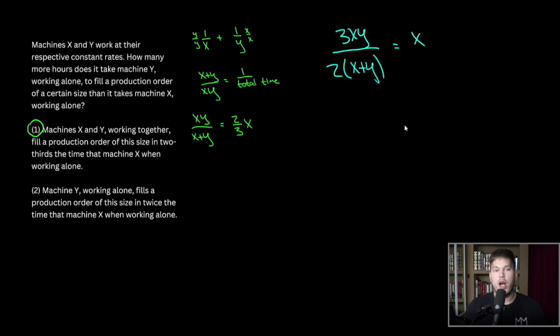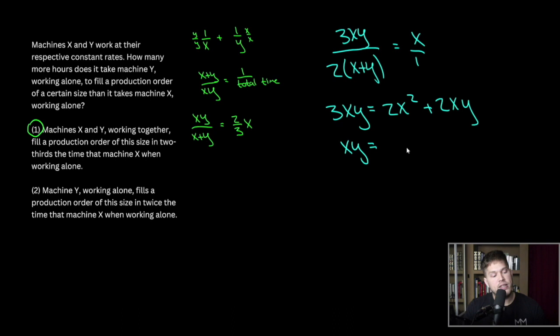Next, let me cross multiply. Of course, our right hand side is x over 1, so if I cross multiply, I'm going to have 3xy is equal to 2x squared plus 2xy. All right, now I can subtract 2xy from both sides and be left with xy is equal to 2x squared.